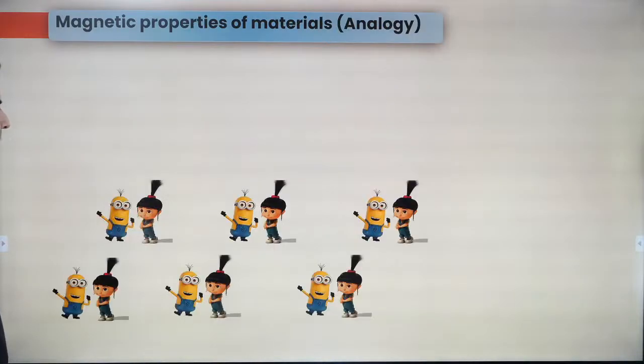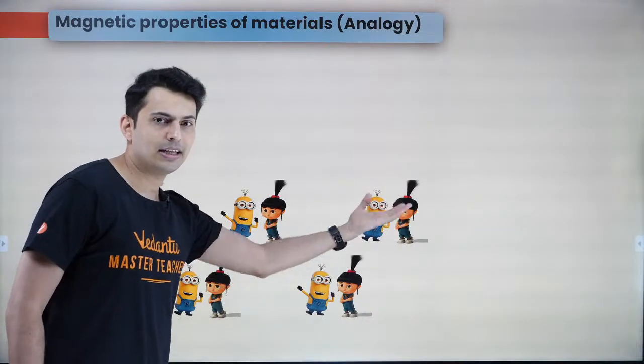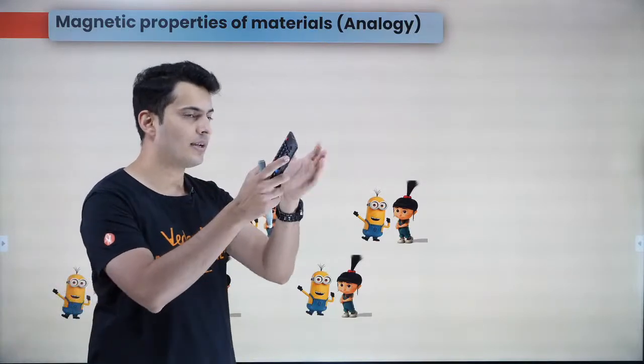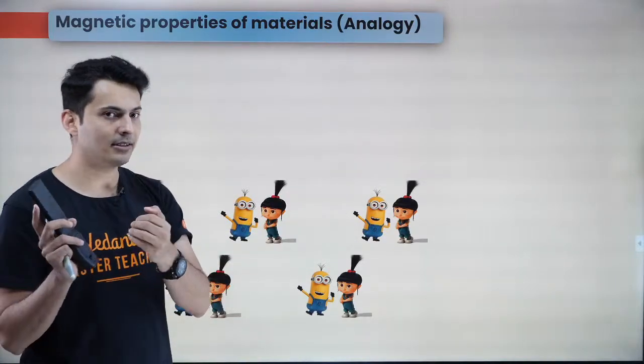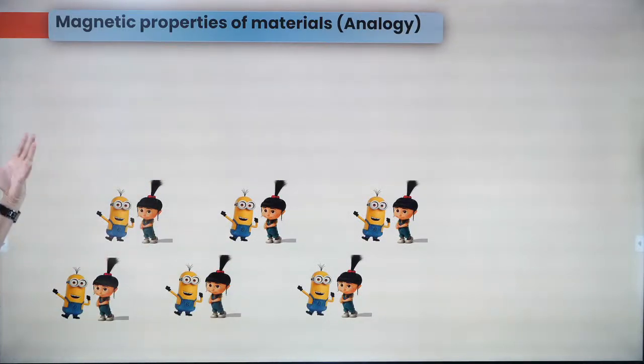Okay, so now imagine we have a lot of atoms. Each atom has many electrons. Some electrons have a magnetic field this way, some other electrons have a magnetic field this way. So you have a lot of atoms, each with many electrons, each having their own magnetic moment.